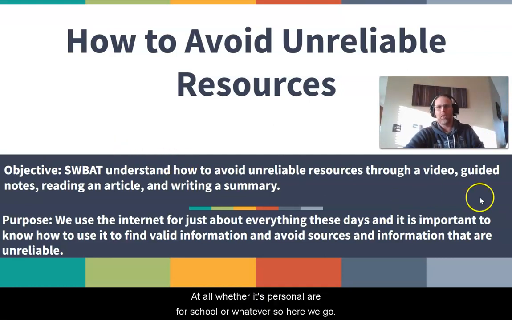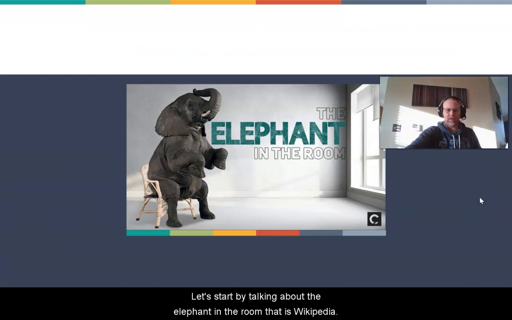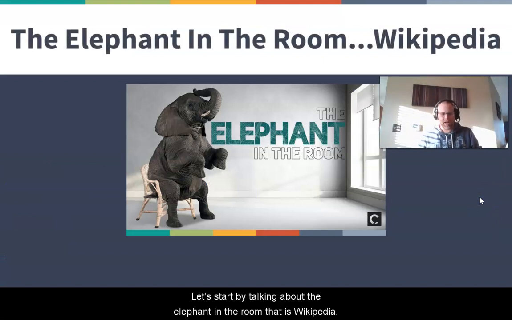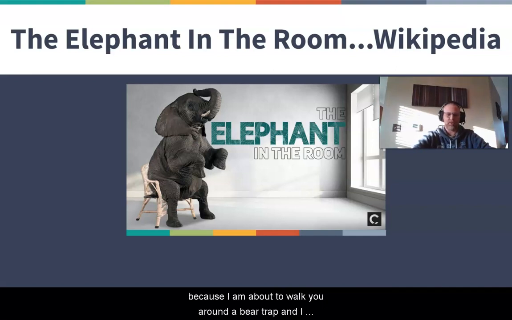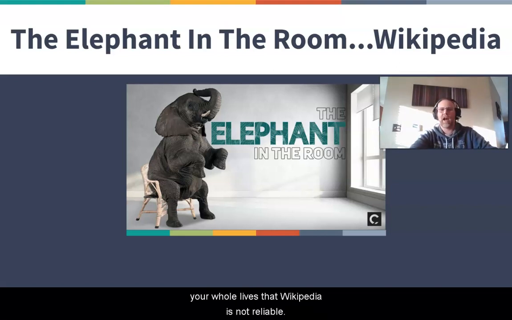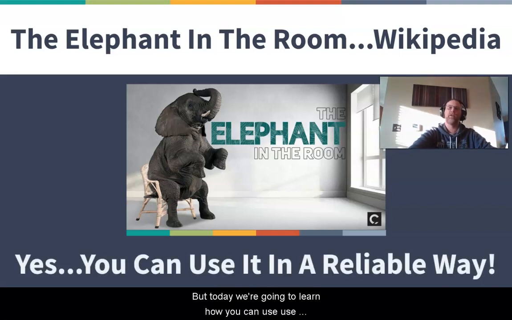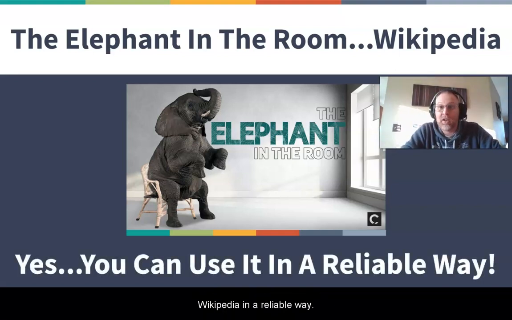So here we go. Let's start by talking about the elephant in the room that is Wikipedia, right? Please make sure that you pay close attention in this one, because I am about to walk you around a bear trap and I don't want you to step into it, because I know you've heard your whole lives that Wikipedia is not reliable, but today we're going to learn how you can use Wikipedia in a reliable way.